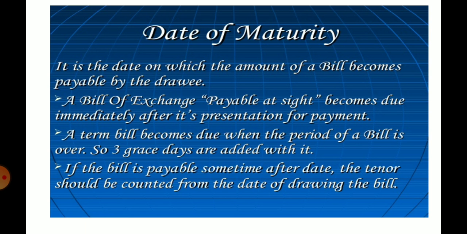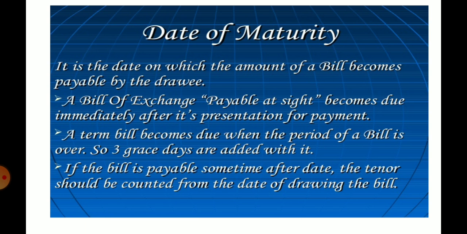Now, the second is a term bill, which becomes due when the period of the bill is over. So, the 3 days of grace are added to it. The bill is payable at a fixed period after date, and the period begins to run from the date of drawing the bill. The 3 days of grace are allowed on such a bill.